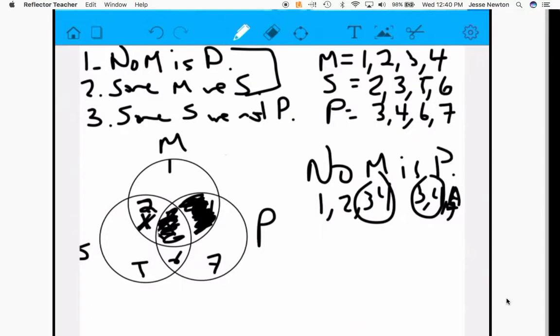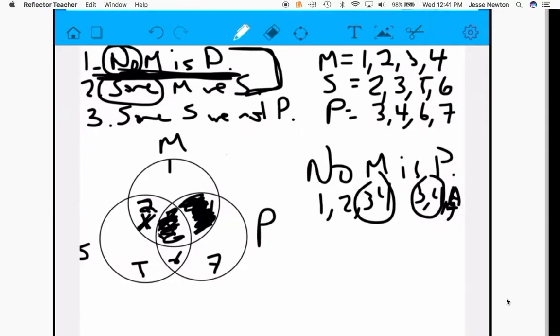Now this goes back to what I had on the PowerPoint earlier, which is that when you have combined premises and one of them is universal, as with the first premise, the major premise, and one of them is particular, as with the minor premise, always begin with the one that has the universal quantifier, because that one tells you more definitive information.